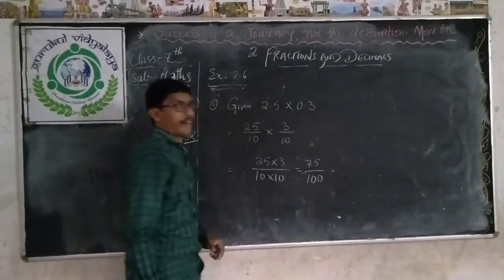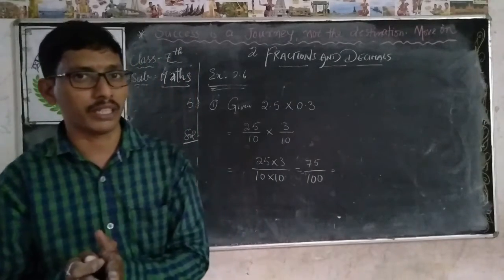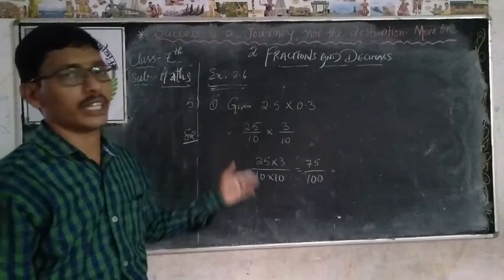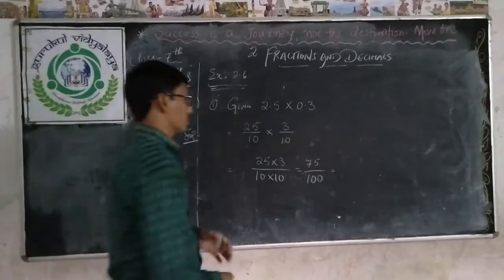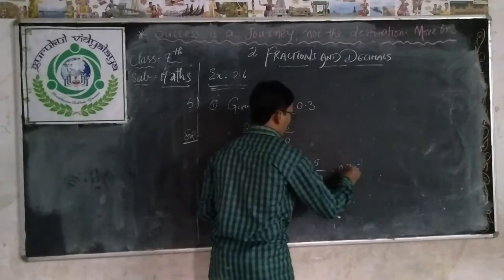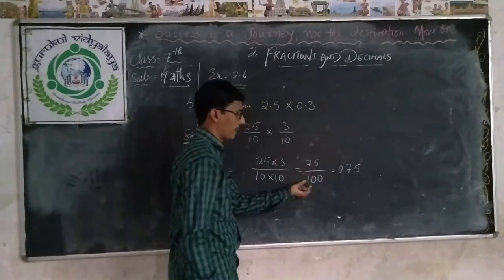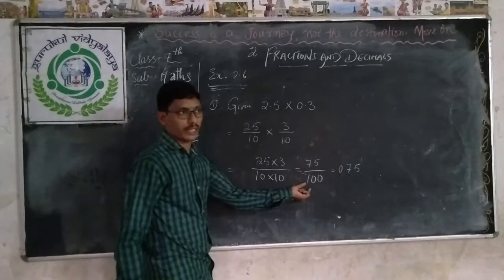So you will get 75 by 100. Now, 75 by 100 is a decimal fraction, so easily convert it into a decimal number. How many digits in total? 3 digits. 7 5, put one more 0, because the digits in the numerator should equal the digits in the denominator.